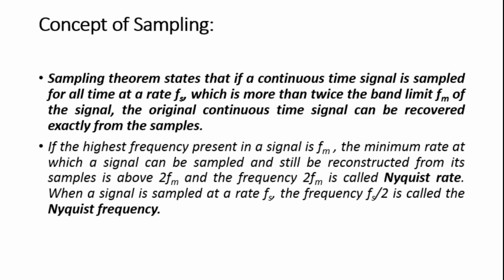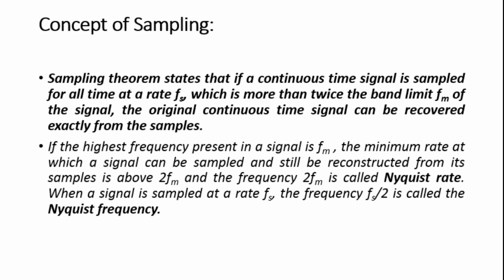Sampling theorem states that if a continuous time signal is sampled for all time at a rate fs, which is more than twice the band limit fm of the signal, the original continuous time signal can be recovered exactly from the samples.